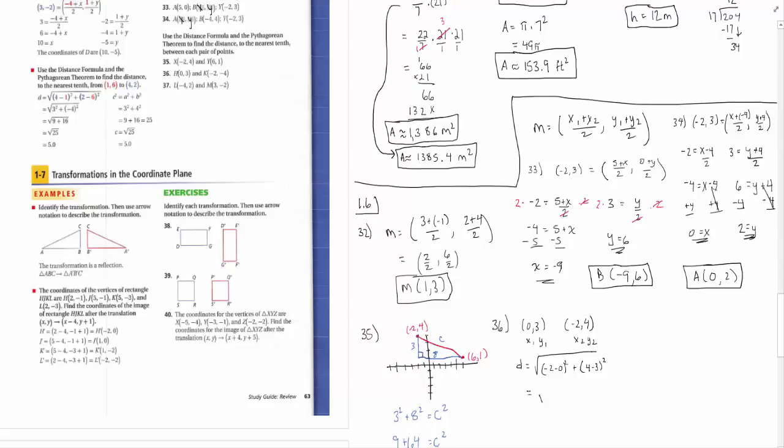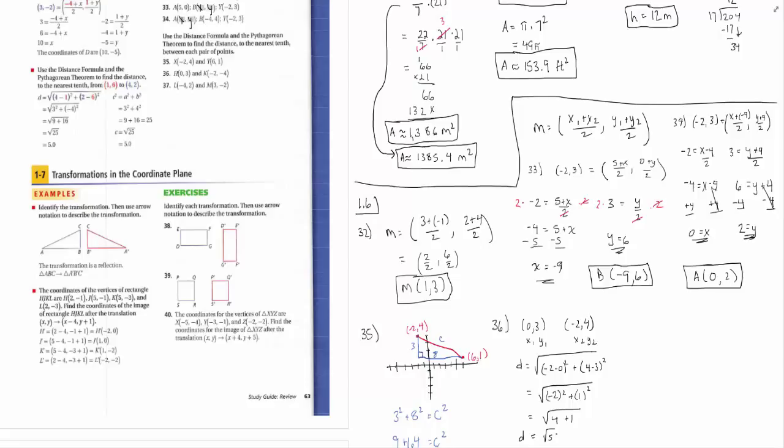And you just plug into the formula and solve. So this will be negative 2 squared plus 1 squared, which is the square root of 4 plus 1, or the square root of 5. So your distance in this case is the square root of 5. So square root of 5, simplify that.